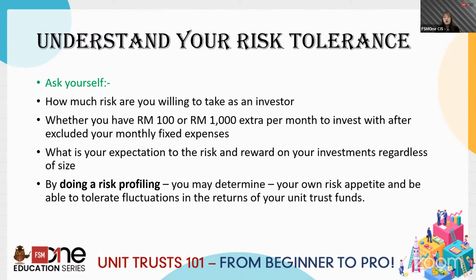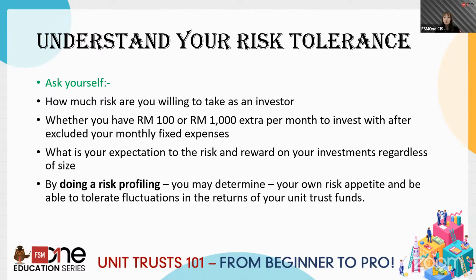By doing a risk profiling, you may determine your own risk appetite and be able to tolerate the fluctuations in the return of your unit trust fund. Hence, we strongly suggest clients invest within their risk tolerance level, so that they won't make a wrong decision during a market uptrend or a market downturn.